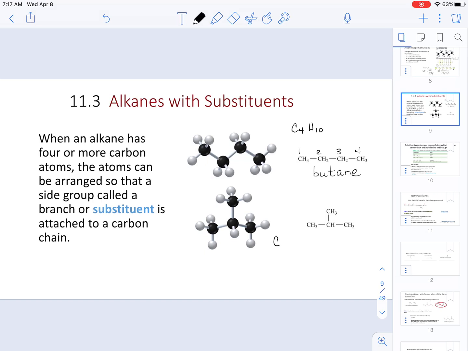The bottom molecule has 4 carbons and 10 hydrogens. Count them at home to see that this is correct. Now, understand that the atoms are not arranged in the same manner. So even though these two molecules share the same chemical formula, the attachment of the atoms is different.